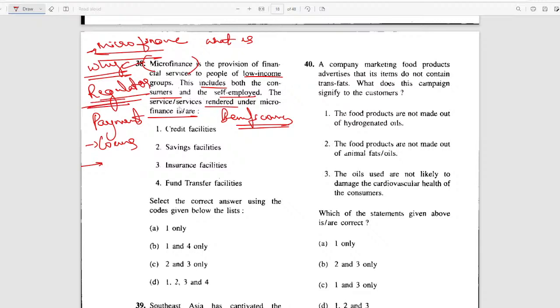The services rendered by microfinance are credit facilities, saving facilities, insurance, fund transfers. So you have to go through the basics of it, what is microfinance, who are the targets, and who is the regulator for this. And for example, if the government is supporting this, what are the steps that the government is taking to support microfinance? I hope this is clear.